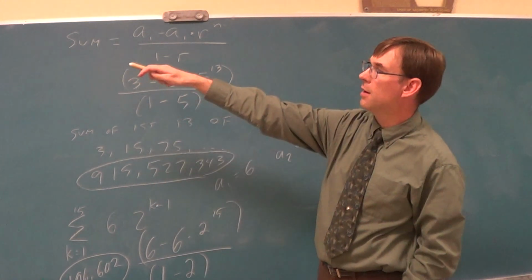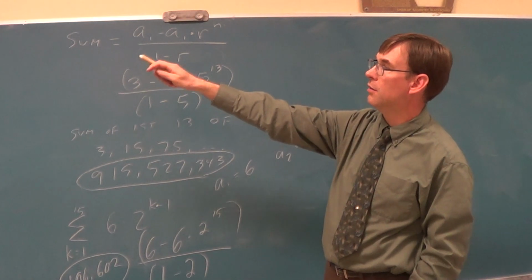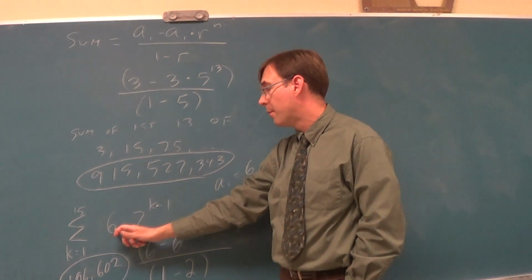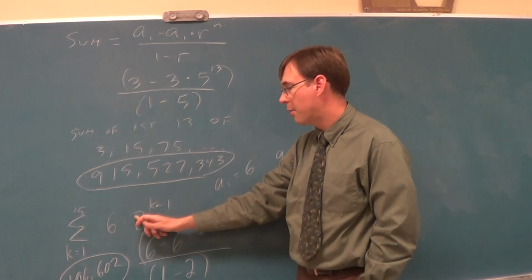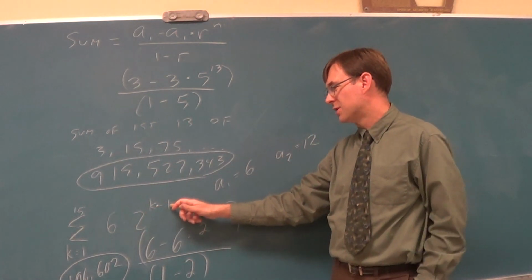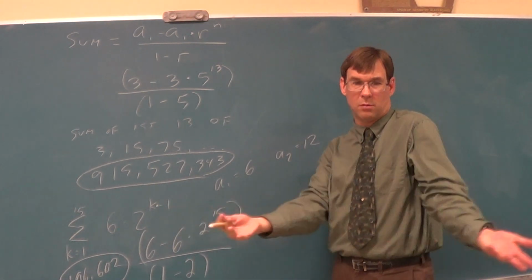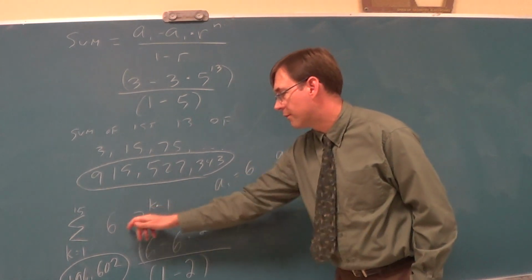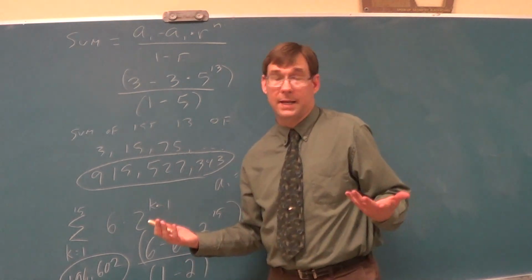The general term formula is designed to reveal for you the first and the ratio. The first is the only number by itself. The ratio is the number that goes to the power, but you can only use that little sneaky trick if the power is variable minus 1. If the power is variable minus 1, in a way they gave you the first and the ratio already right out of the gate.